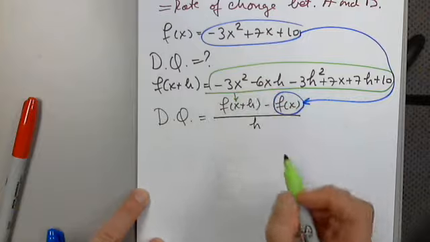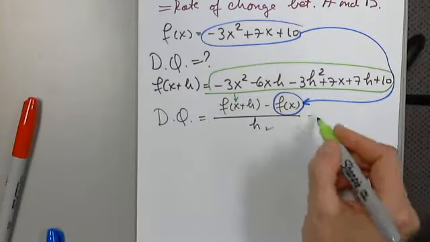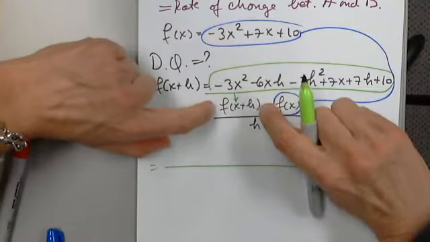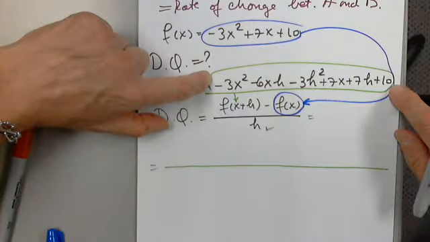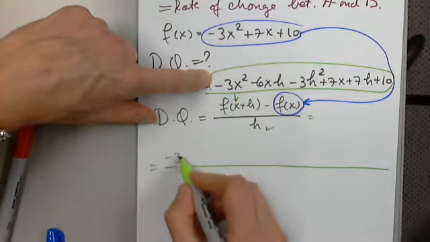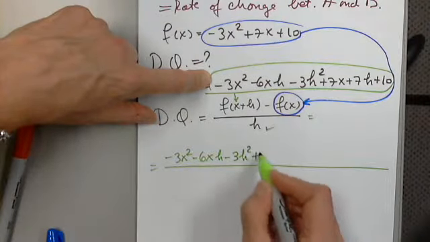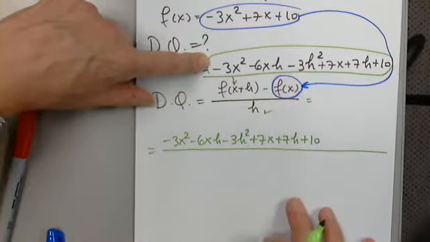And no one can do anything to the little h. So I will put all these pieces together. I will copy all this: negative 3x squared minus 6xh minus 3h squared plus 7x plus 7h plus 10.